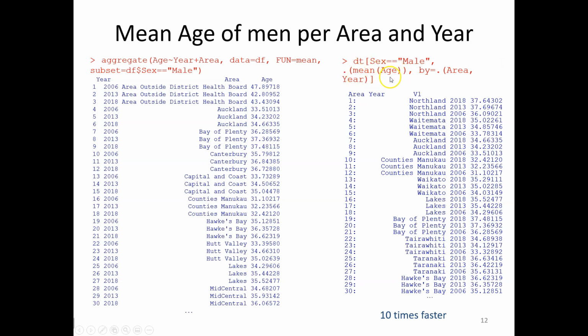So you want the mean of the age column, and you want this done grouped by area and year. And you use the dot or point here as well for list. And what you get in return is Northland 2018, Northland 2013, and so on. And it turns out to be 10 times faster than the aggregate version.